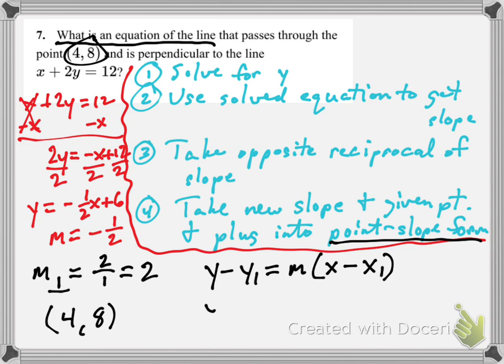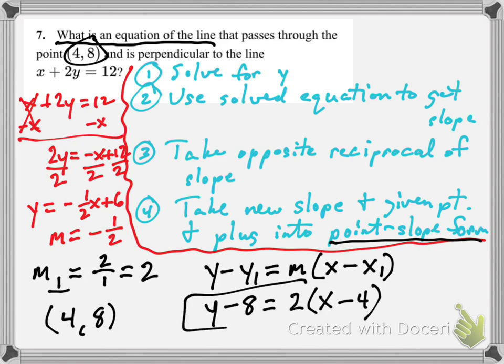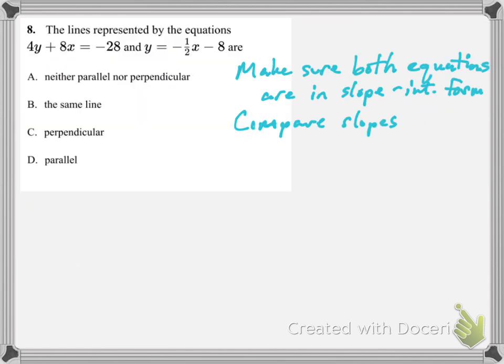So I've got y minus 8 equals m, which is 2, times x minus 4. And that's my answer. Okay, so this problem goes a little bit further than the previous one. The previous one, we stopped at the slope. This one wants us to continue and do the equation of the line.